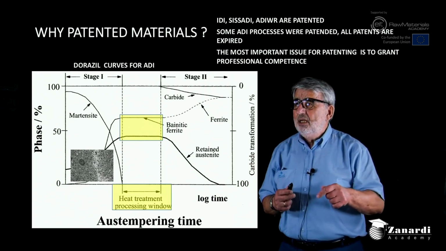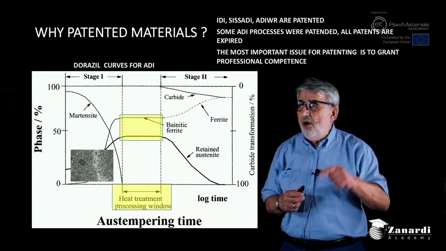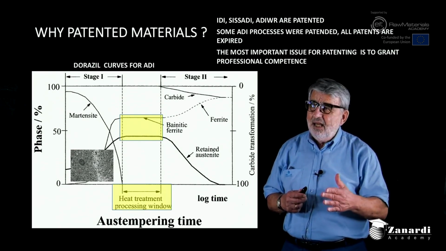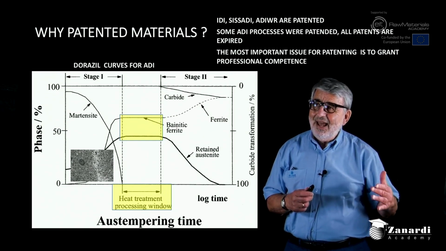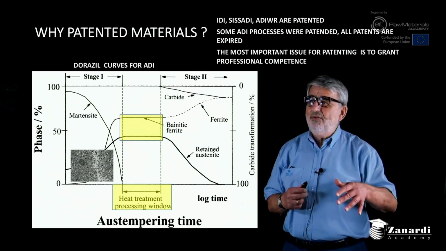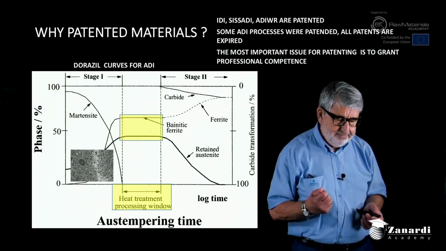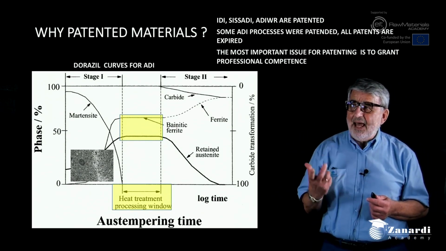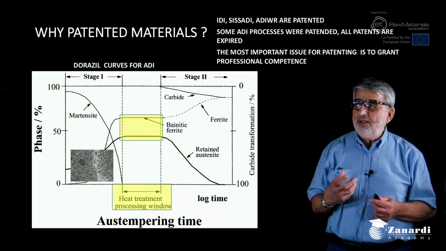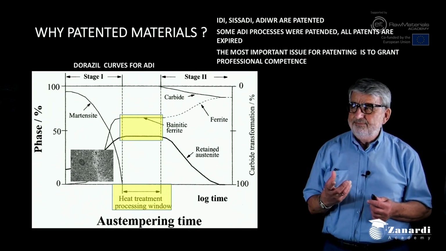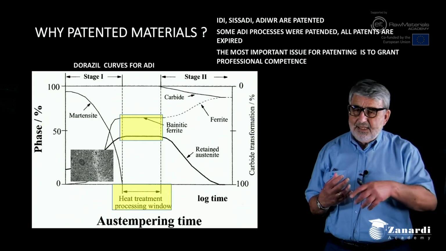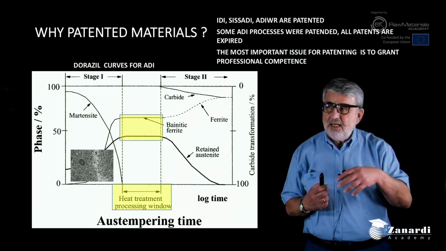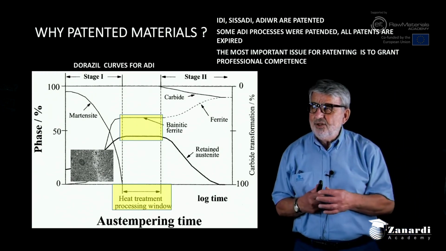That in turn depends on the alloying elements we selected and how they segregated at solidification time. This is described through the so-called Dorazil curve, which describes the amount of the phases during this reaction.